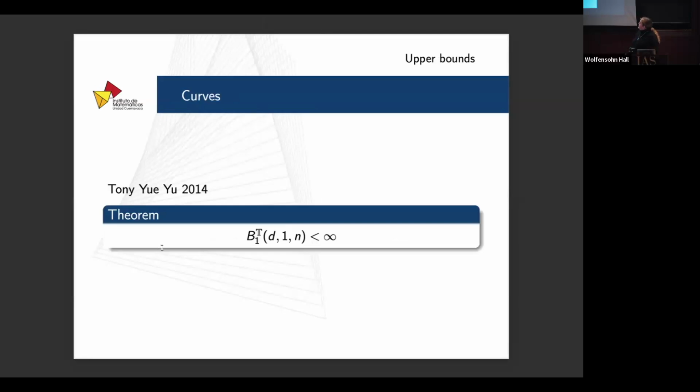For the tropical case, Yu proved in 2014 that this number is finite, and we extended it to any dimension, so we know that this number is finite.